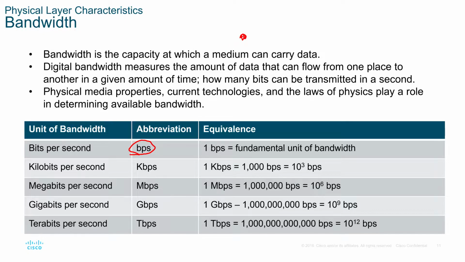So if this was my decimal point, as I move over 3 bits, this would be capital K. If I move over 3 more, this would be capital M. 3 more, would be capital G. And if I went 3 more, that would be in terabits.